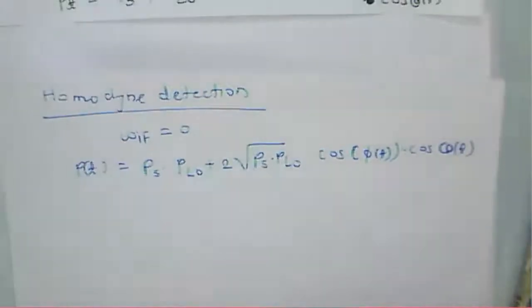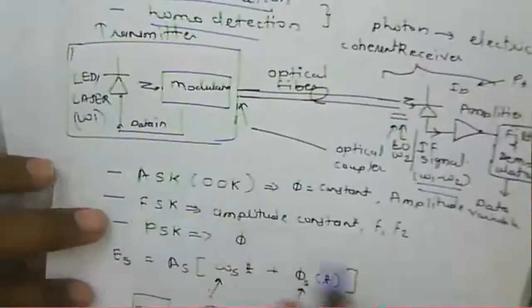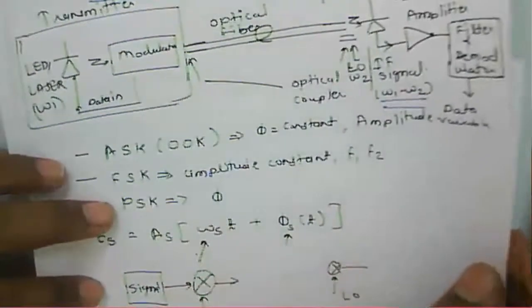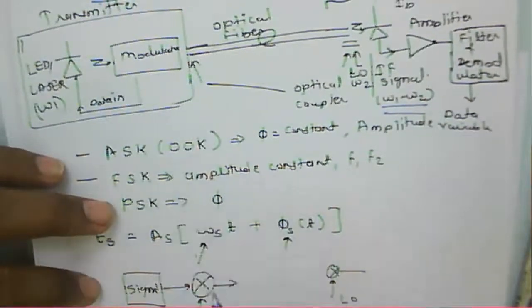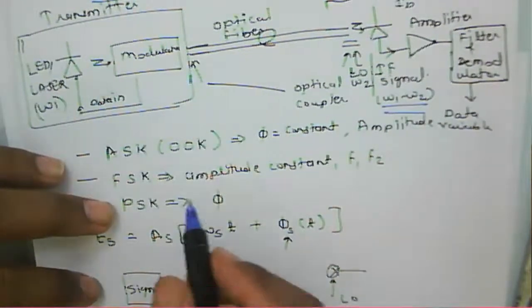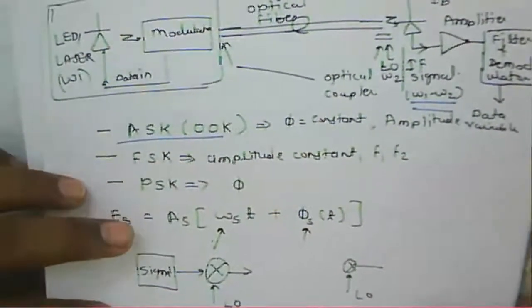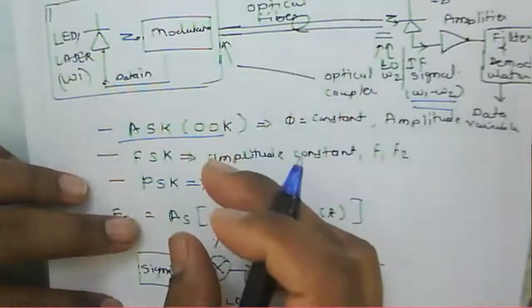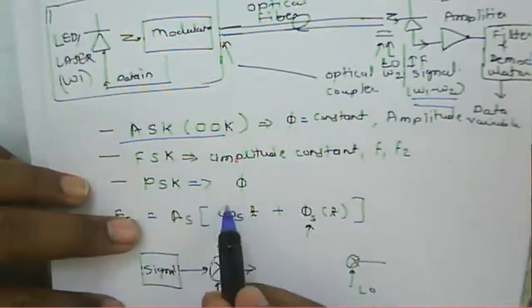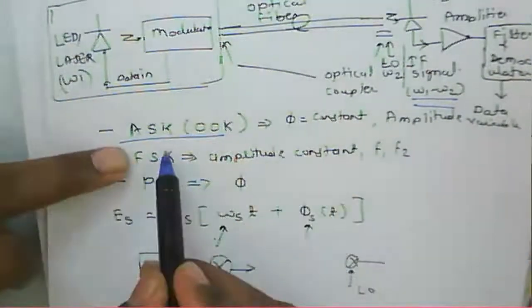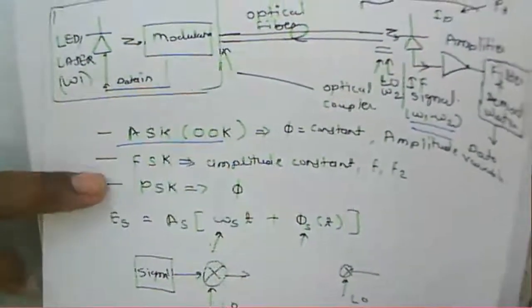In this coherent detection, because there is a variation in the signal level, we can use only the variation in the amplitude or the variation in the phase. There is no FSK component. So we can use either ASK or PSK for this homodyne detection.